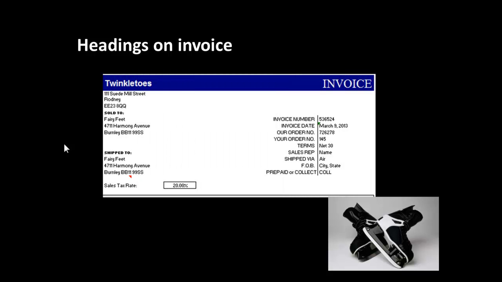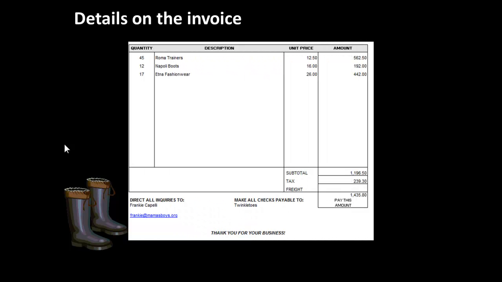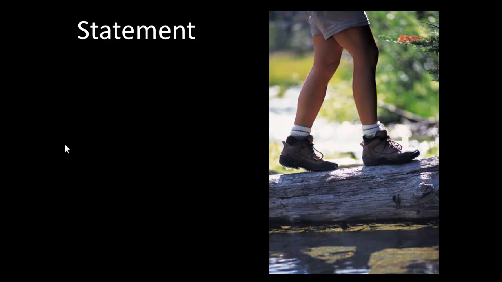We have who the invoice is from, Twinkletoes, who it's to, it's shipped to Fairy Feet, what the invoice number is, the date, and the details on the invoice. Again, it's the quantity, the item, the unit price that they've actually been charged, and the amount, the subtotal, the tax, and so on. Note that although the purchase order gave them a cost for shipping, Twinkletoes have been very kind, they've not charged them for shipping.